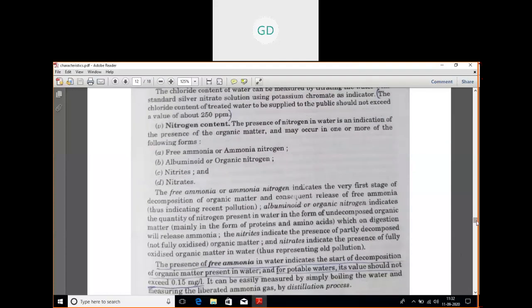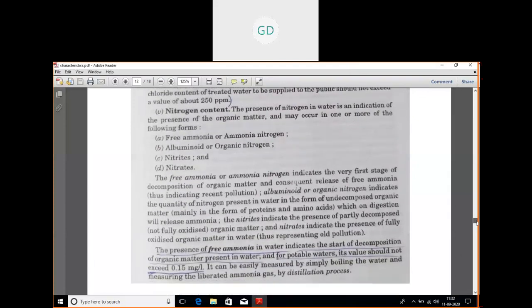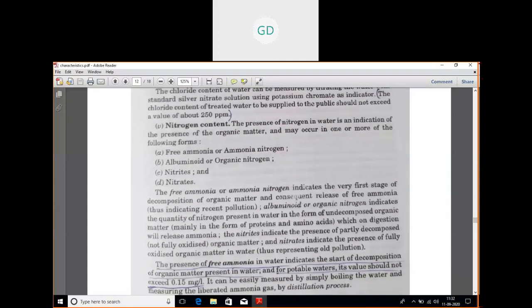Next is your nitrogen content. You can write from here: the presence of nitrogen in water is an indication of the presence of organic matter.